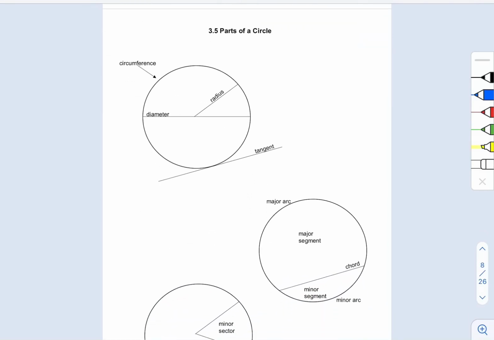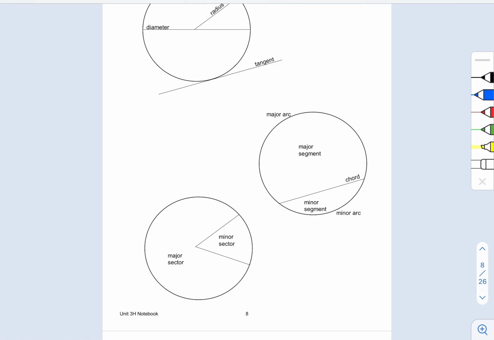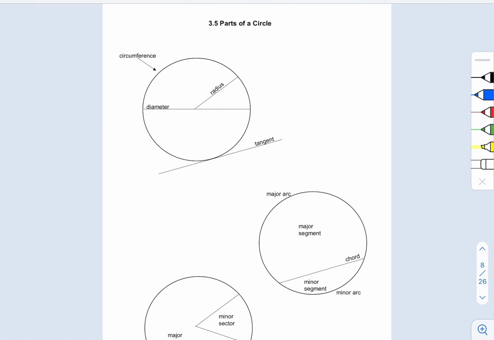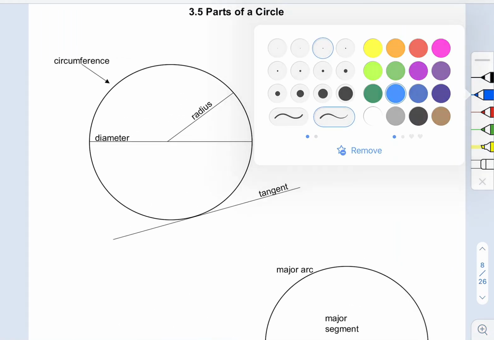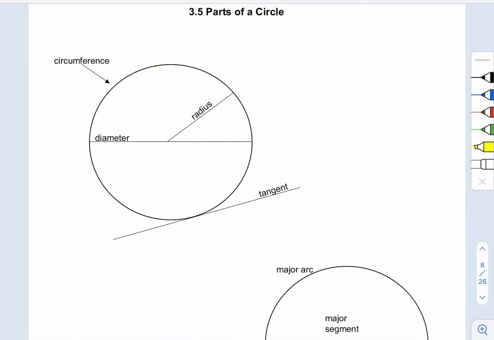So we're now going to look at different parts of a circle, okay? Here you have been given 3 circles with different sections to them, with different names to them as well. So what I'm going to do is give you definitions to each of these, okay? So the circumference here is actually the circle itself.